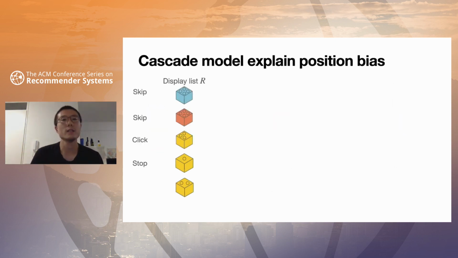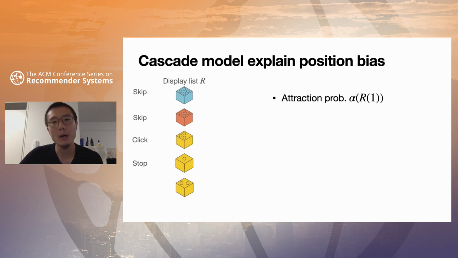For the position bias, we assume a cascade model to explain it. In this ranked list R, for example, a user will browse the items from top to bottom, click the first attractive item, and stop browsing the rest.